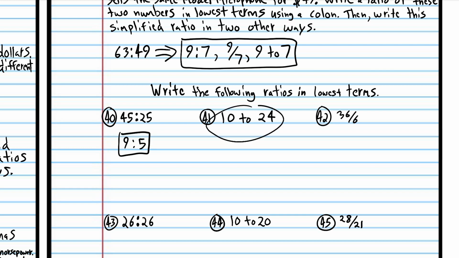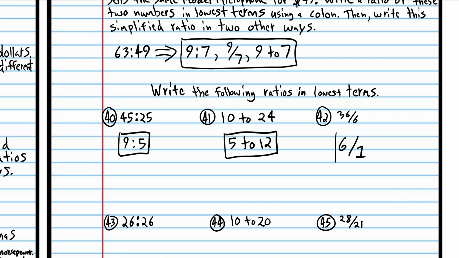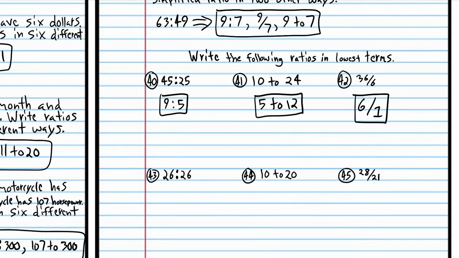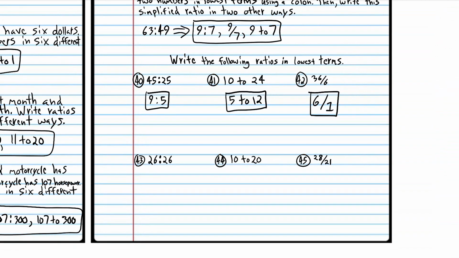Divide both of these numbers by 2, and we get 5 to 12. So this is really easy. Divide both of these numbers by 6, and you get 6 over 1. So we're just writing these ratios in lowest terms. So now you try number 43. 43 is kind of a tricky problem there.